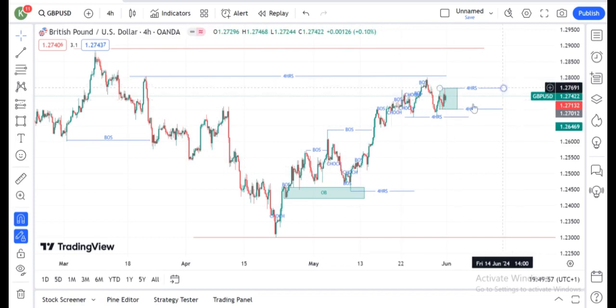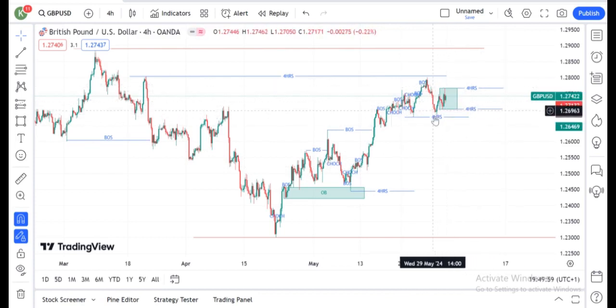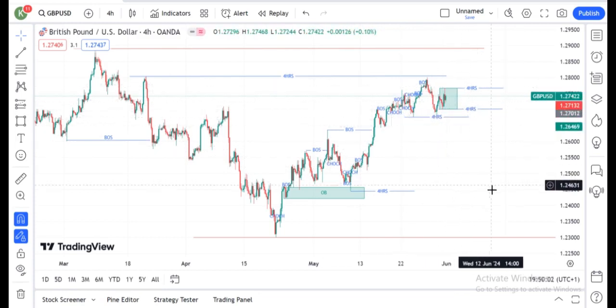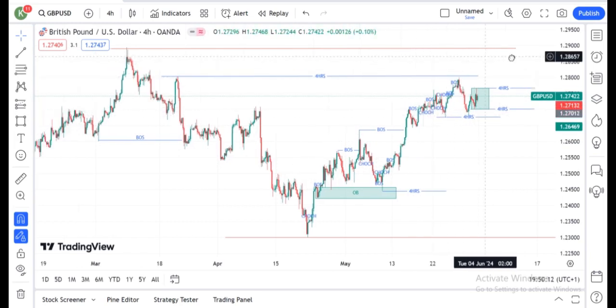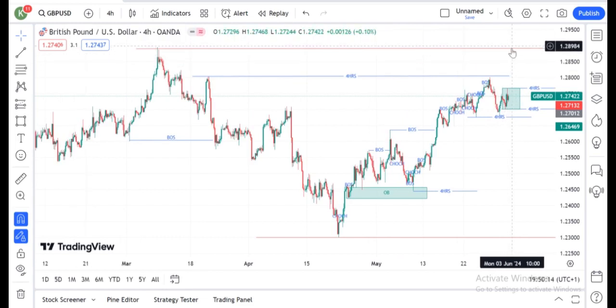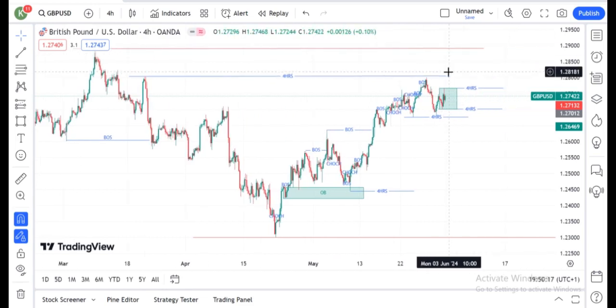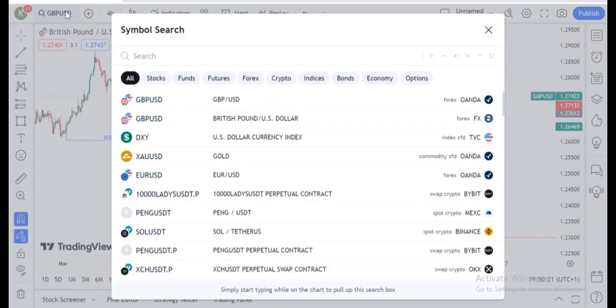So most likely, if price takes out this low, this 4 hours low, it will be coming down to this breakout block. Then if it doesn't take out this low, it takes out probably this high, then it will be coming to this liquidity. Okay, now remember to trade liquidity, because that's where we can get most of the money.